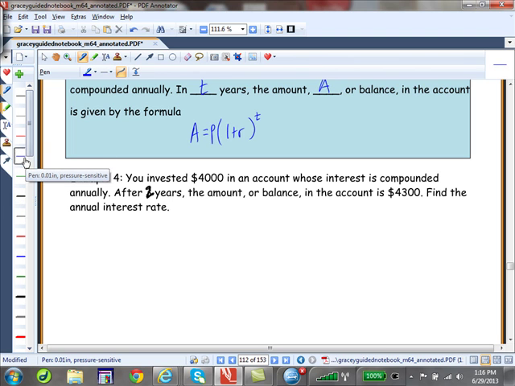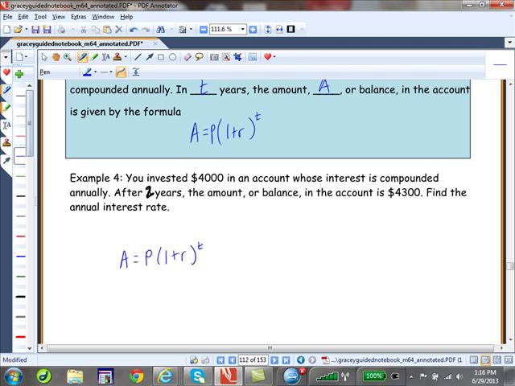You invested $4,000 in an account whose interest is compounded annually. So that tells us we can use that formula. Actually, let's write it. A equals principal times 1 plus rate raised to the time. After 2 years, the amount or balance in the account is $4,300. Find the annual interest rate.